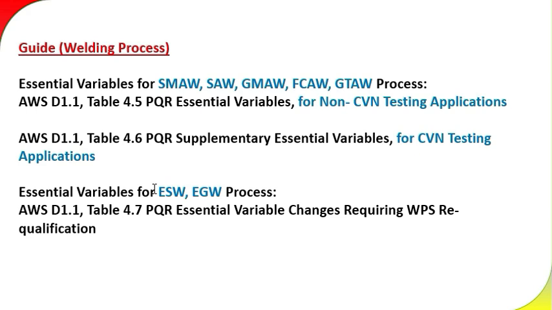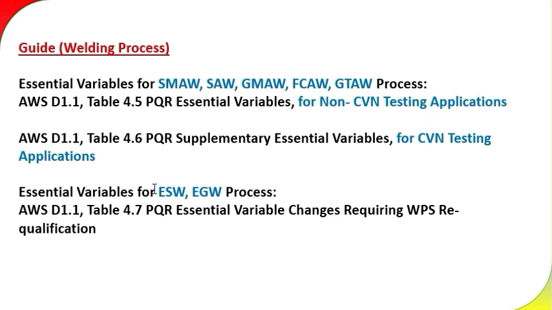If you go to AWS D1.1 Table 4.5, PQR essential variable for non-CVN testing applications, Table 4.6, PQR supplementary essential variable for CVN testing applications, and for ESW and EGW processes, AWS D1.1 Table 4.7, PQR essential variable changes requiring WPS requalification.